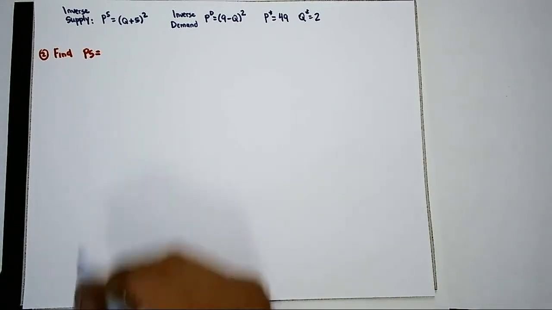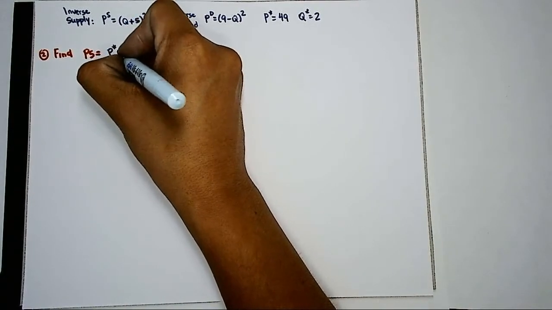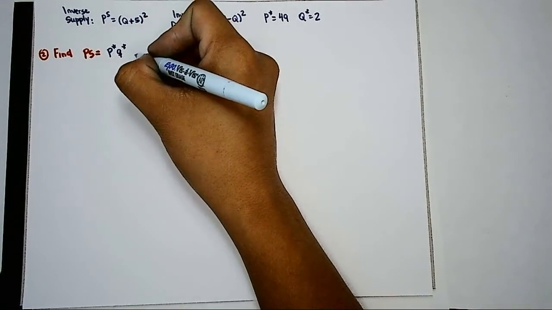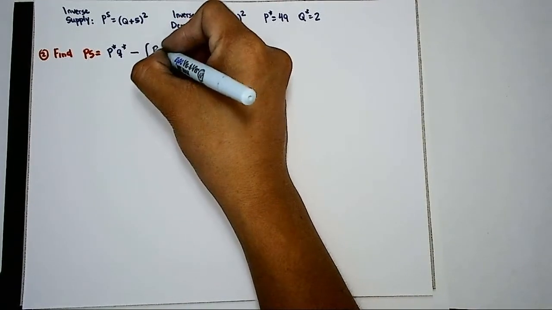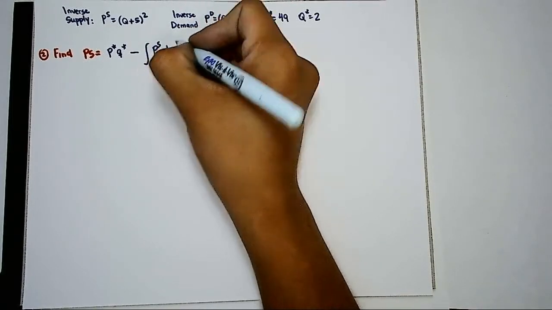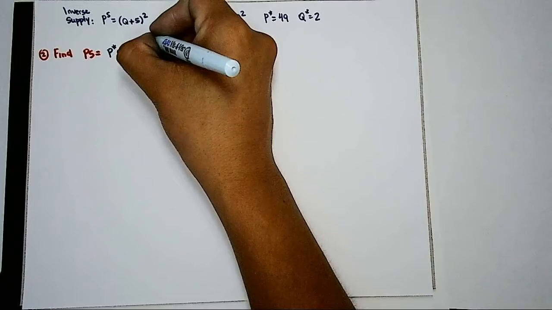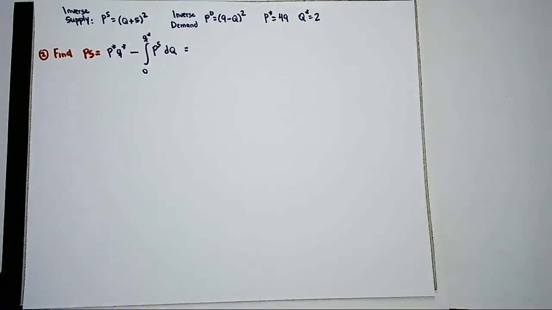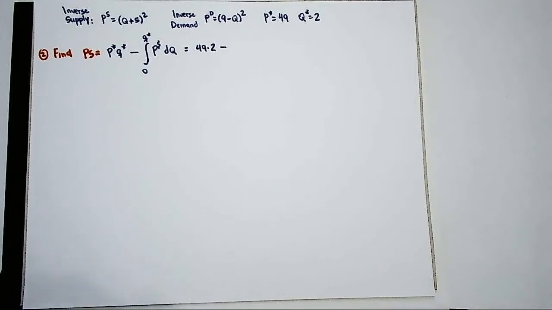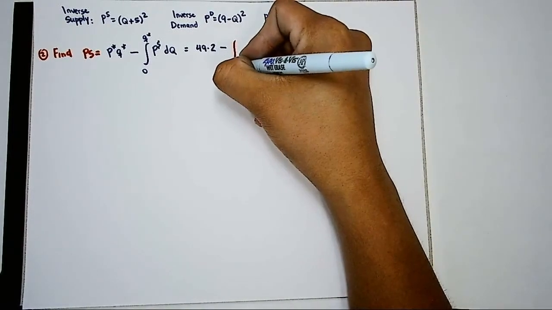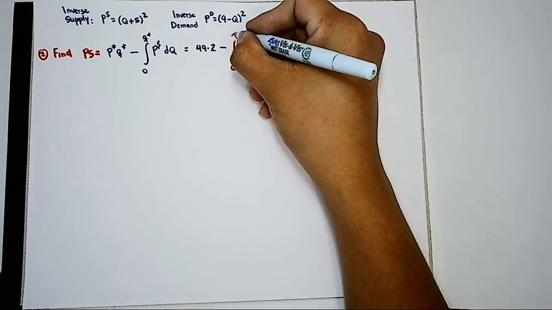To find the producer surplus, we use this formula: price times quantity at equilibrium minus the integration of the inverse supply with respect to Q. This is equal to the price at equilibrium, which is 49, times the quantity at equilibrium, which is 2, minus the integration from 0 to the quantity at equilibrium, which is 2.